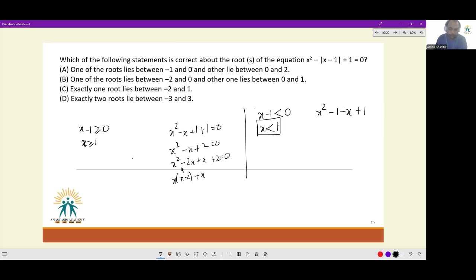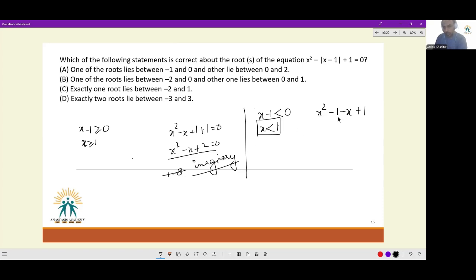I can't really break it. Wait, I'm getting product of roots as positive and sum of roots as negative. I think the roots here will not be real at all. Let me just check b square minus 4ac. Okay, the roots are imaginary here for x square minus x plus 2 equal to 0. So don't really care about it anymore.